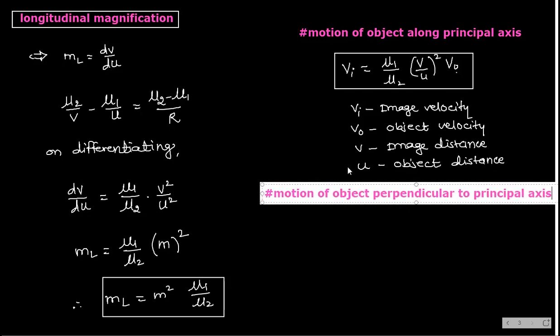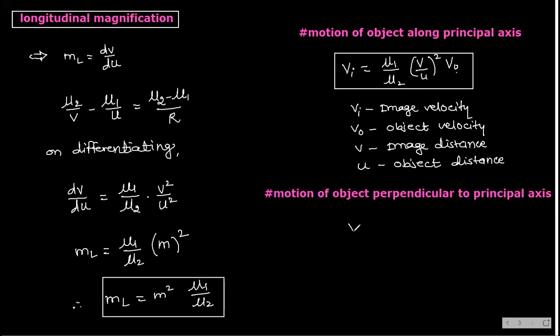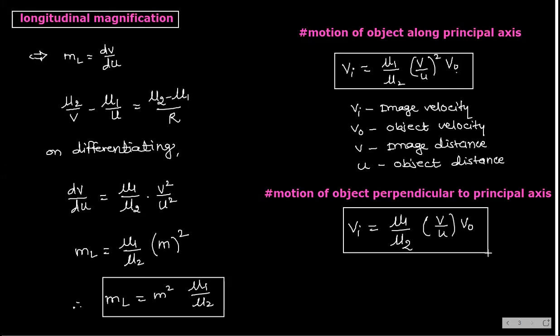Motion of object perpendicular to the principal axis. Right. In this, what you will get, just you will not get square here, है ना? Perpendicular to the principal axis means you will not get square. याद रखो. So here Vi is equal to mu1 by mu2 into phi by u into phi naught. So remaining all whatever I have written above, that is velocity of image, velocity of object, object distance and image distance is same. Okay?